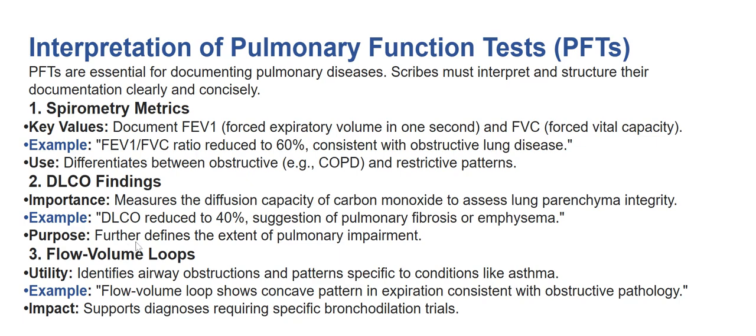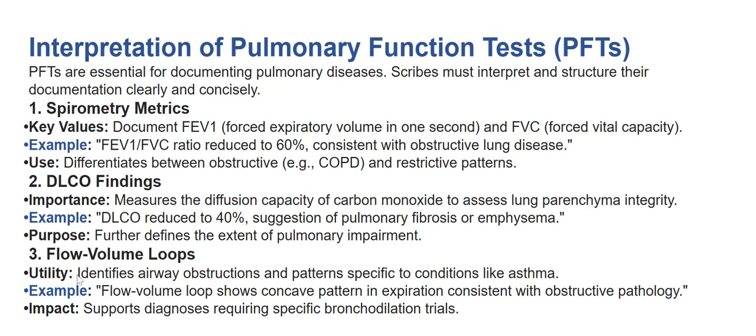DLCO findings: importance here, measures the diffusion capacity of carbon monoxide to assess lung parenchyma integrity. Example: DLCO reduced to 40%, suggestive of pulmonary fibrosis or emphysema. Purpose here: further defines the extent of pulmonary impairment.